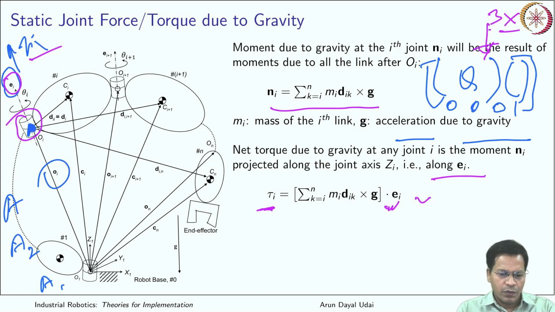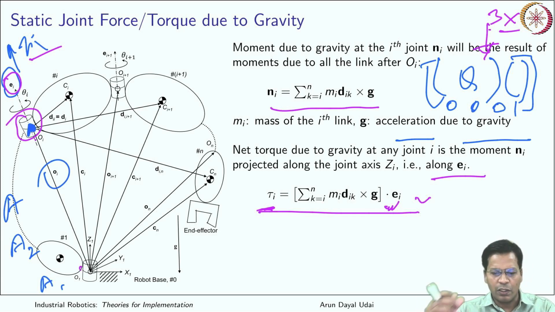So that is what is required. You now know that at the ith joint it is this torque which is going to come. All the links are connected with joints, and all the joints will have their own torque, with a similar summation of all the cross products. You have to take the dot product to align it along the joint axes to see all the torques.